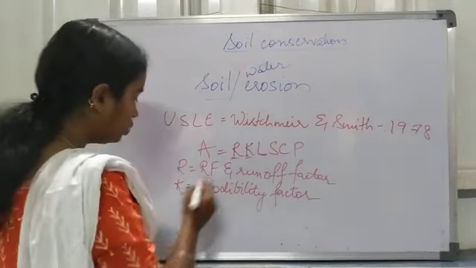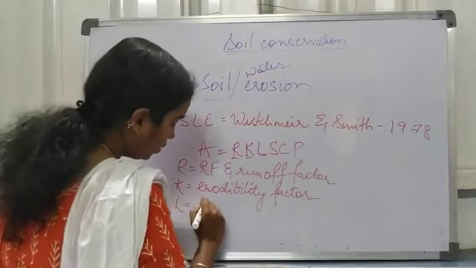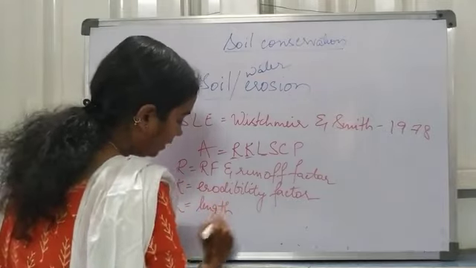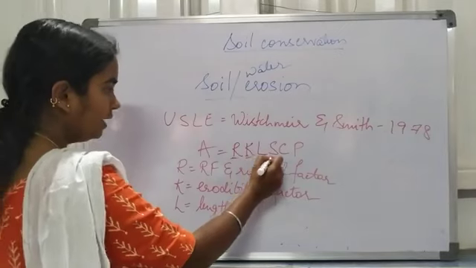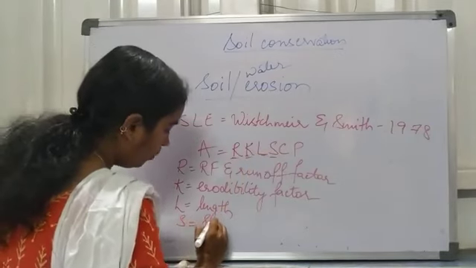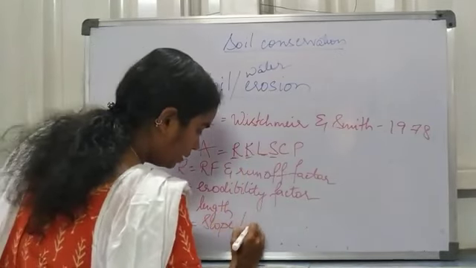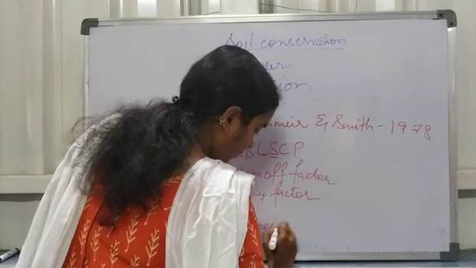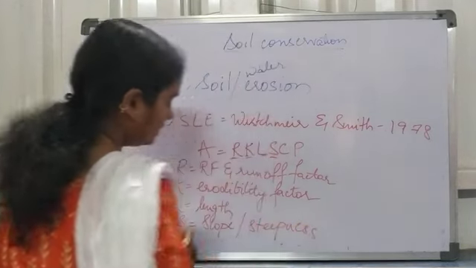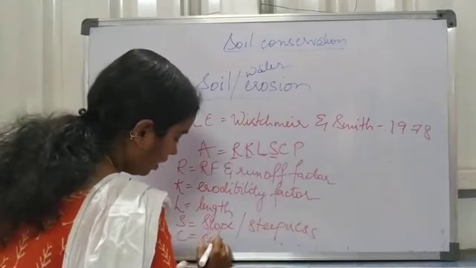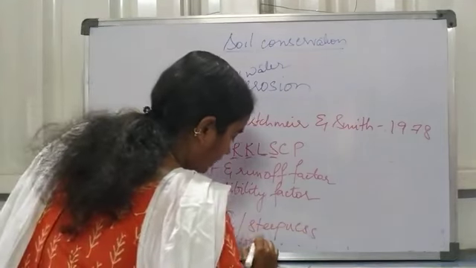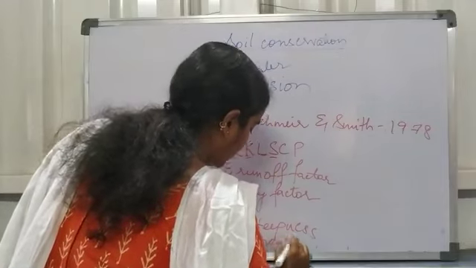So the next one is L. L means you can directly connect the length of the land, right? And next one is S, slope or steepness. And C is for cover, the vegetation cover, you can say.